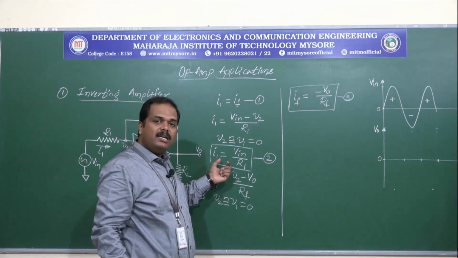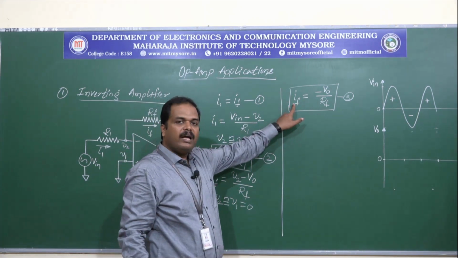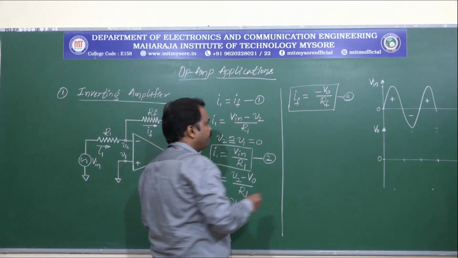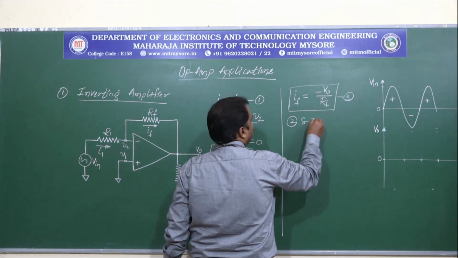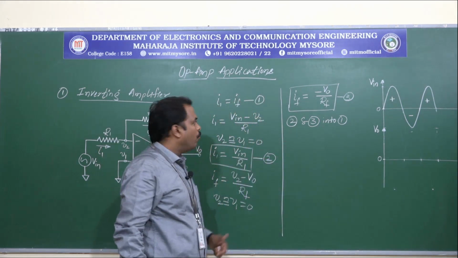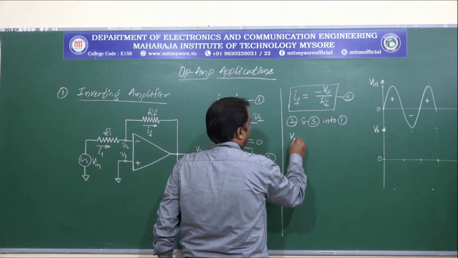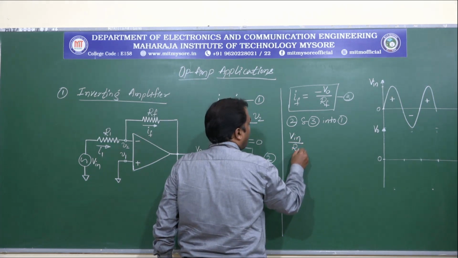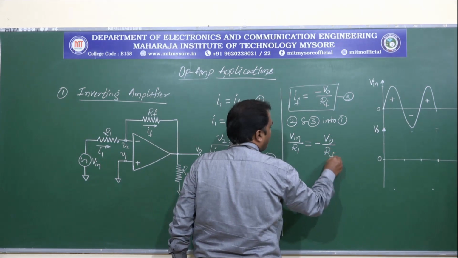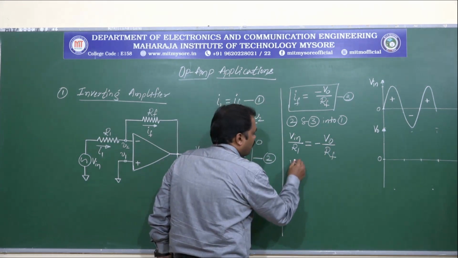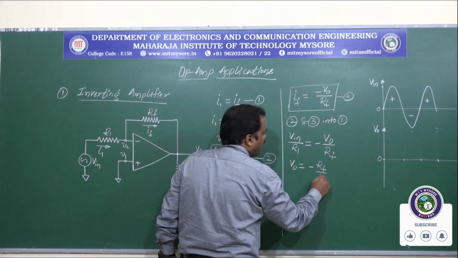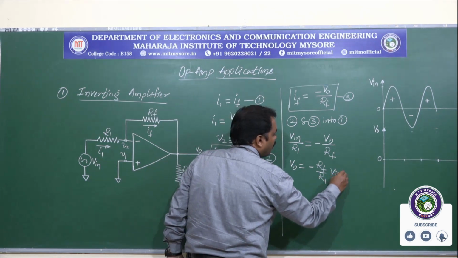So now we have the expressions for I1 and IF, and let us substitute equations 2 and 3 into equation 1, so that we can write Vin divided by R1 is equal to minus V0 divided by RF, and V0 will be given by minus RF by R1 into Vin.